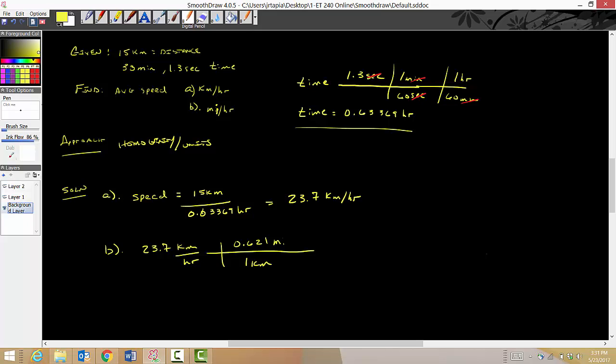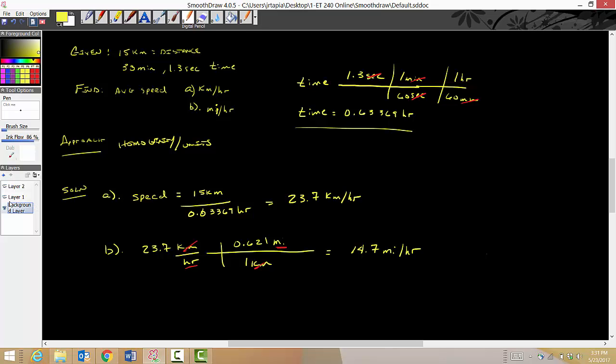So you see here, our kilometers will cancel, we'll end up with miles per hour. You plug that in your calculator, you should get 14.7 miles per hour. Good.